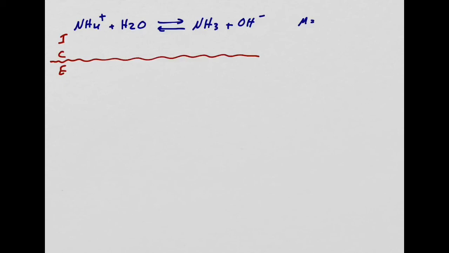Molarity is moles per liter, and in this case ammonia's moles are 0.20 over 1.0 liter, so we have 0.20 molarity. But you have to put molarity in an equilibrium equation, because ICE has to be molarity, since the equilibrium constant is the molarity of product over the molarity of reactant.